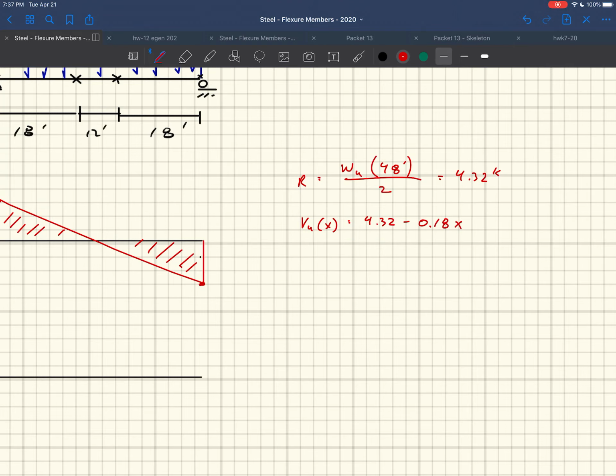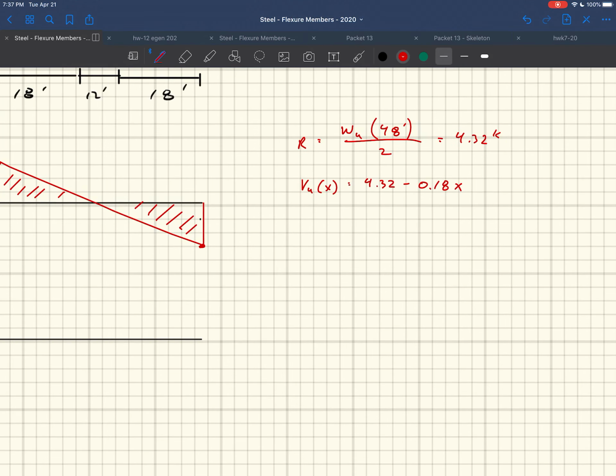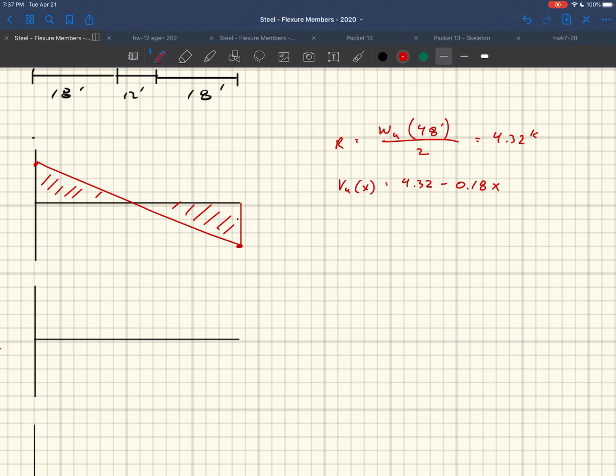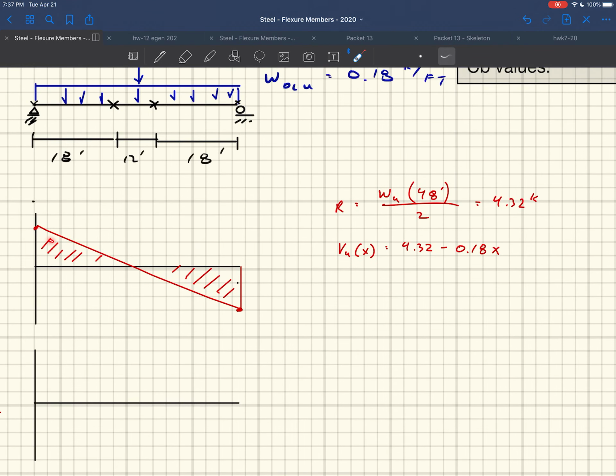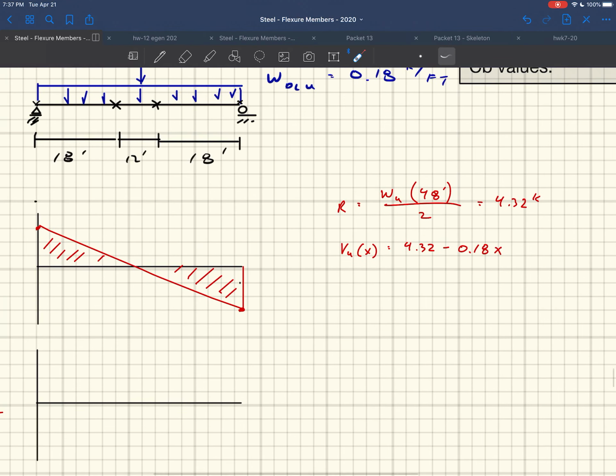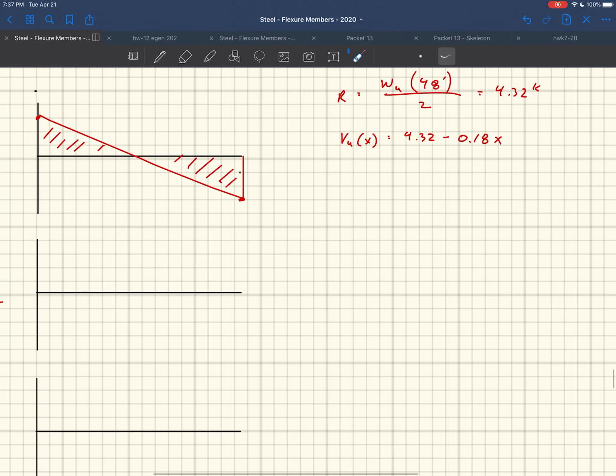There are a couple of different ways to come up with that, but usually I start out with 4.32 at the end. We know the slope is going down, the negative of this load, and that gets multiplied by x. And so that's what our shear is across the length.